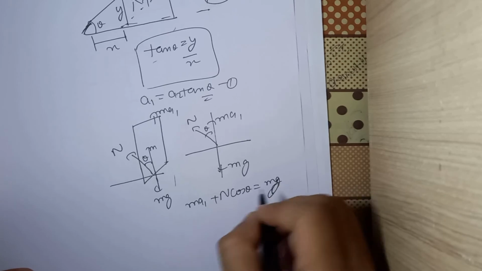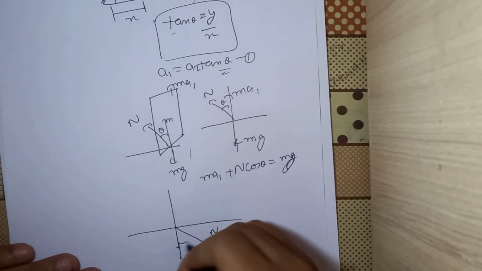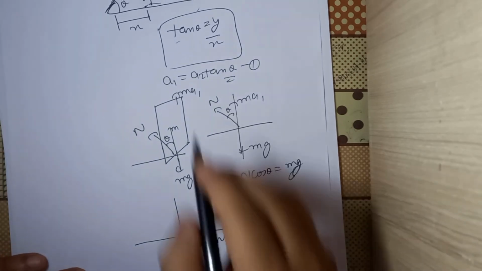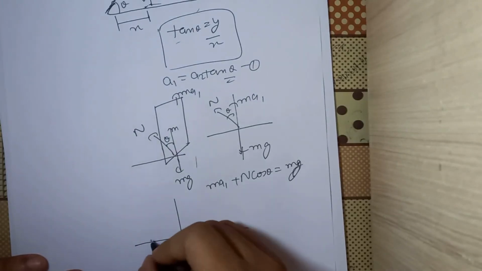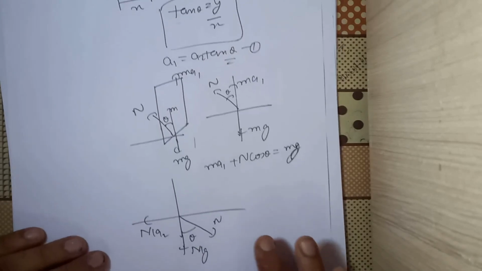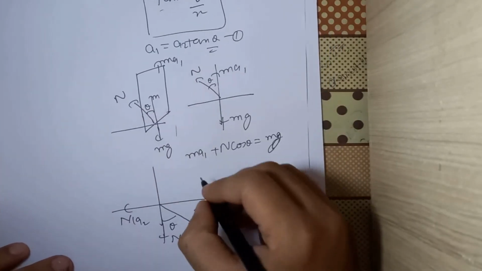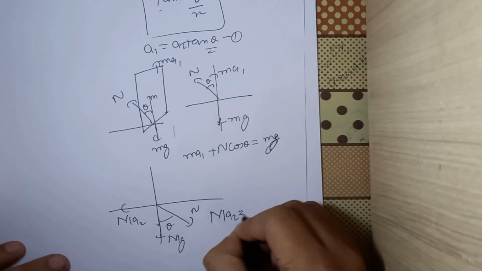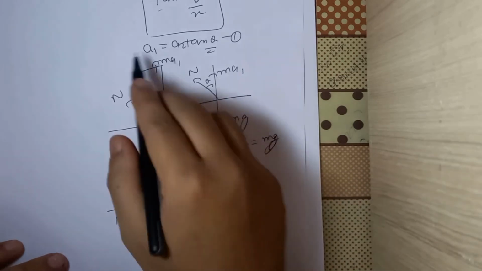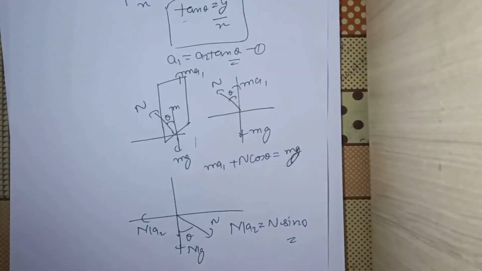For capital M also, there is a normal making theta from the vertical, there is a capital Mg, and there is an acceleration a2, so there will be a capital Ma2 here. Now you can balance the equations for this also. This is Ma2 and this is the normal, so in the horizontal direction Ma2 should be equal to N sin theta. Now you can solve these two equations and apply the relation a1 equal to a2 tan theta, and you will get the accelerations of both the bodies.